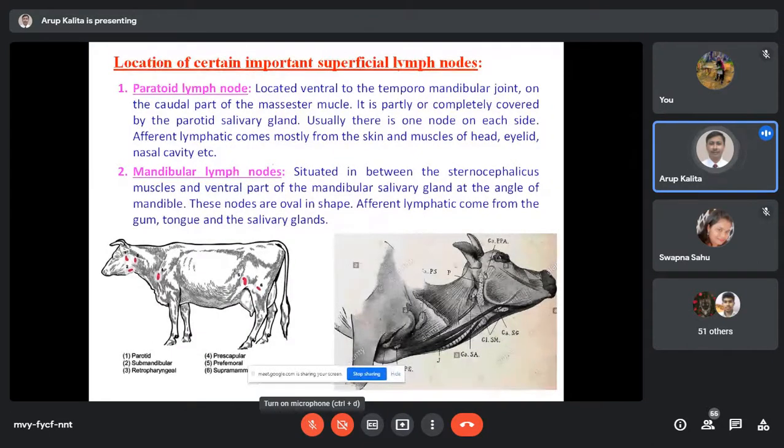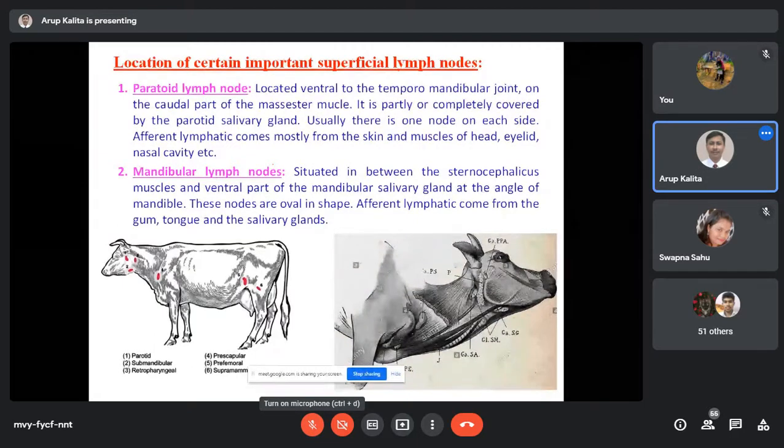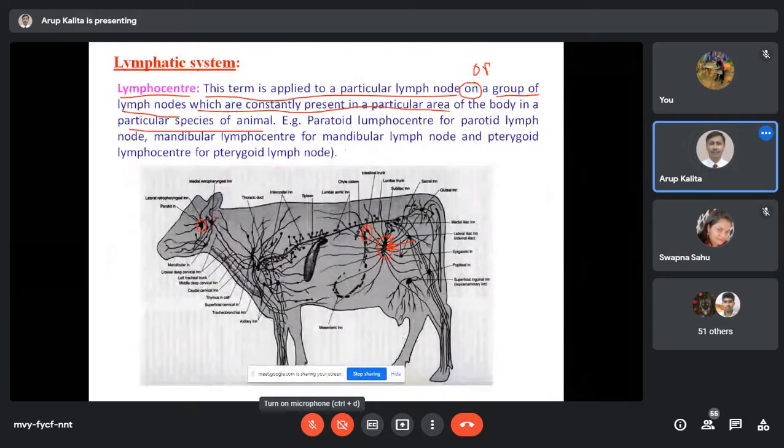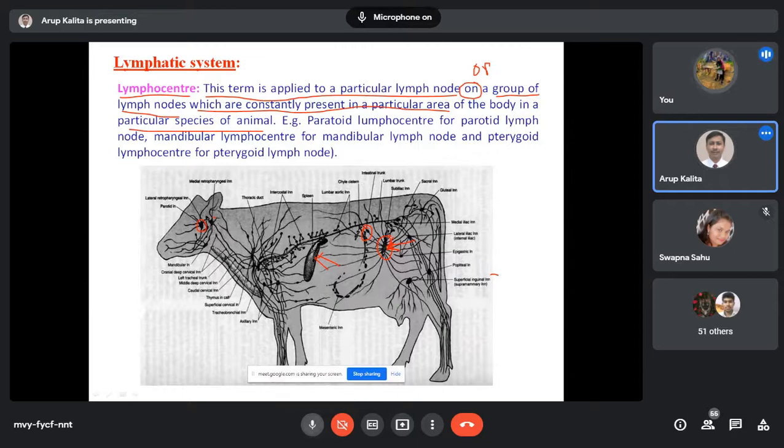Now, parotid lymph node. You see there are certain important superficial lymph nodes. Here in this photograph, you see some of the lymph nodes are superficial, that means just below the skin. Do you know this organ? This organ is the spleen. In the spleen also you will get lymph nodes, but the splenic lymph node is not present superficially.